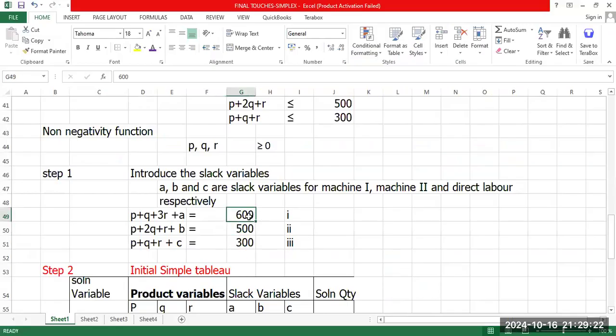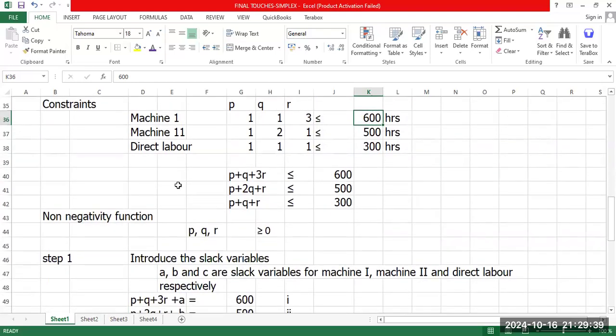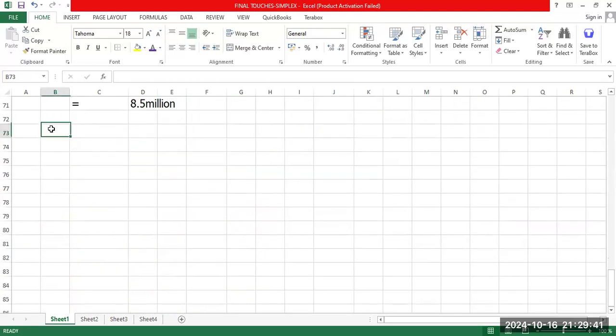We had 600. It means that out of 600, actually the company only utilized 500 and 100 was unutilized. Okay, so what you're going to put here is maybe you can put slack variables.